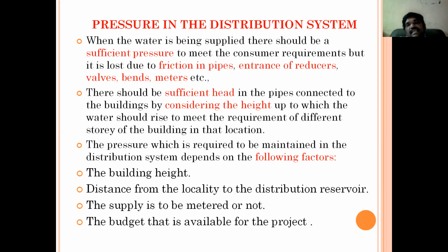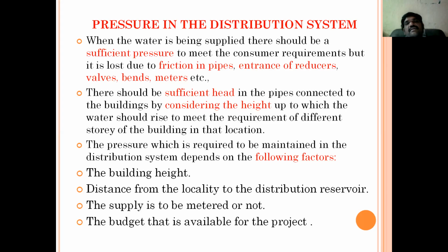When the water is being supplied, there should be sufficient pressure to meet the consumer requirements, but it is lost, and it may be lost due to the friction in pipes, entrance of reducers, valves, bends, meters, etc. Why is sufficient pressure unable to be maintained in the distribution system?